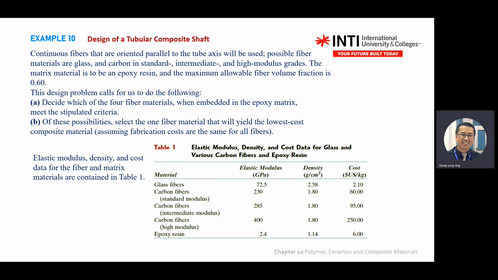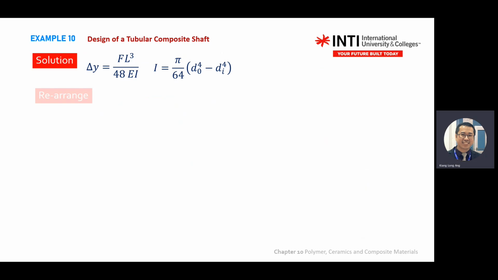You have fiber and a matrix. So when you combine fiber and matrix, you can multiply here. You have the fiber and the matrix. So the fiber percentage, you have this density. You just multiply the density and the volume, then multiply by the cost, you will get the costing per kilogram.